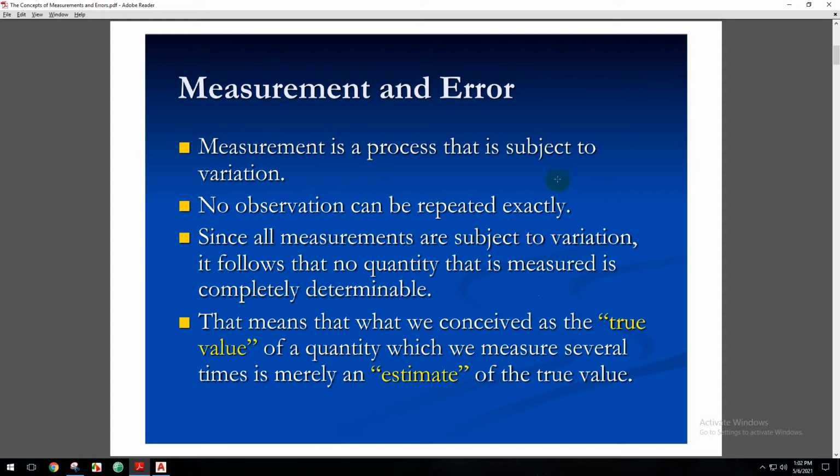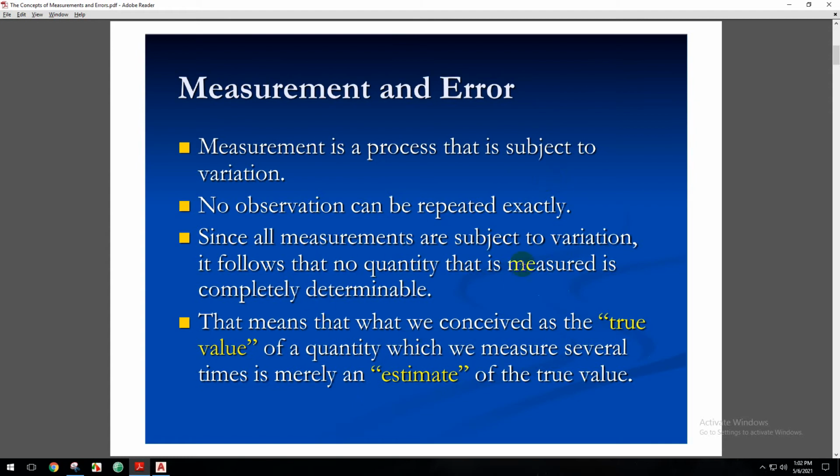And since all measurements are subject to variation, it follows that no quantity that is measured is completely determinable. So we know that if our measurement changes every time, there is no single true measurement.